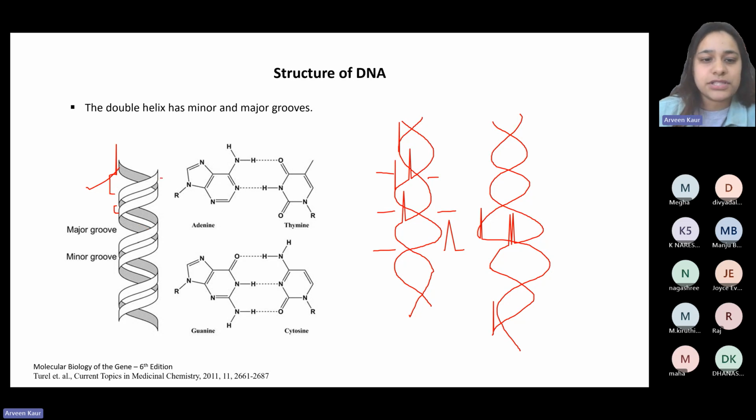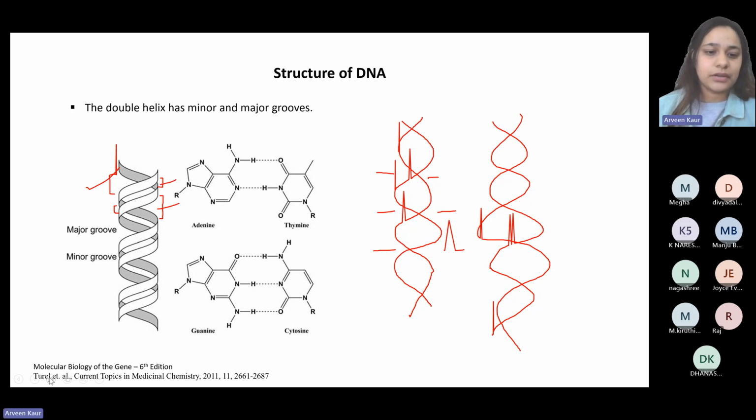And they are opposite to one another. With one big gap, it will have a small gap on the opposite. With one small gap, it will have a big gap on the opposite, right? So this is a major groove and this is a minor groove. Okay. So we know that two different kinds of grooves occur in case of double helix DNA structures.